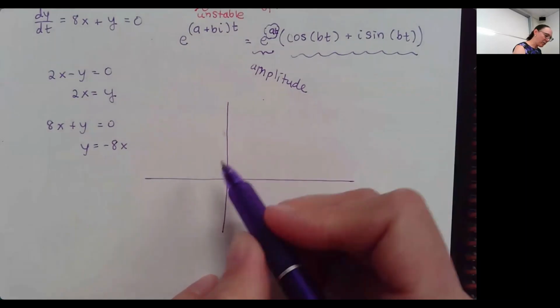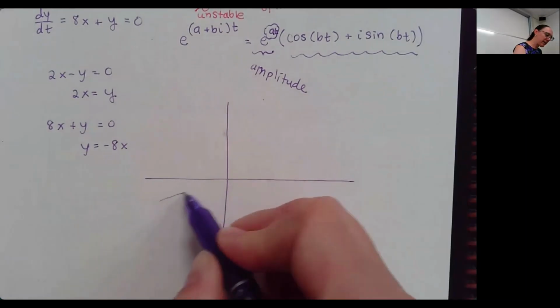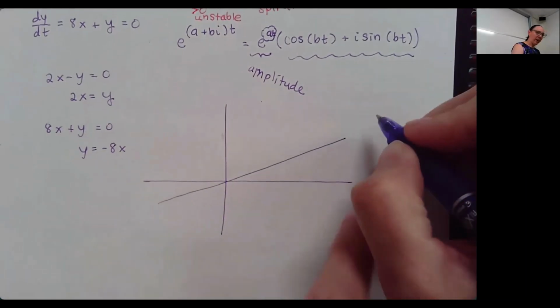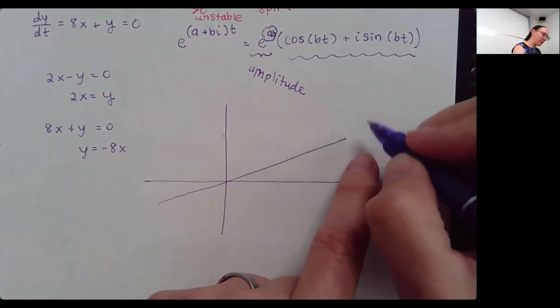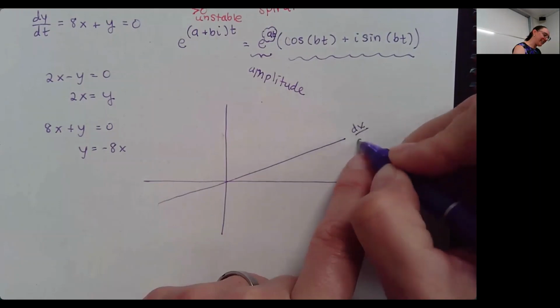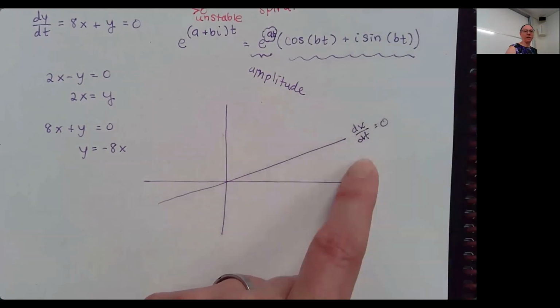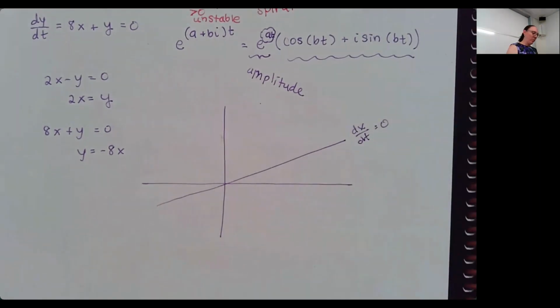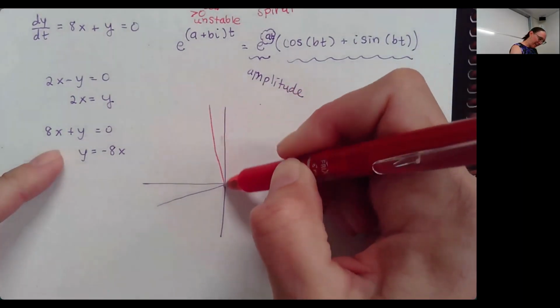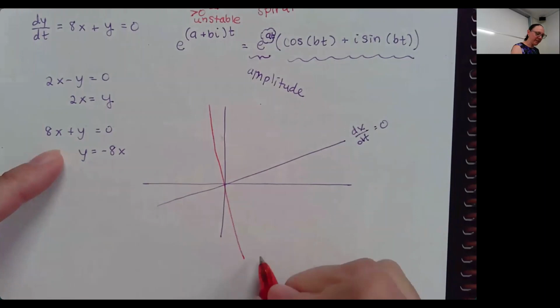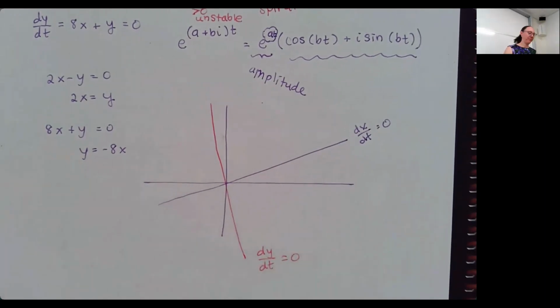I'll have y equals 2x, and I should use different colors, but that is my dx dt equals 0 null line. Y equals negative 8x is going to do something like this, and that is my dy dt equals 0 null line.